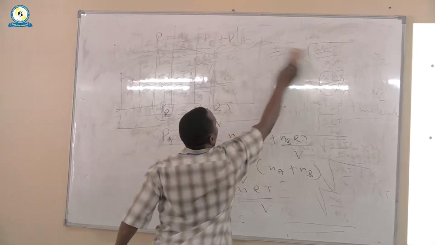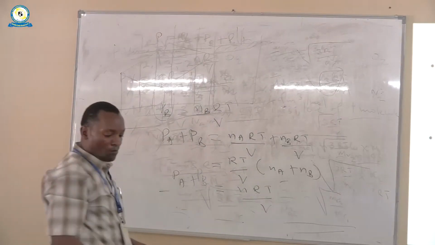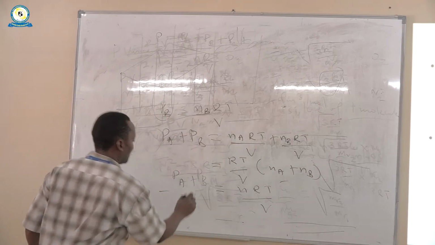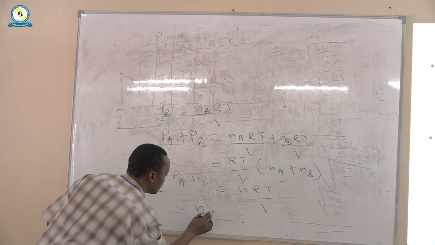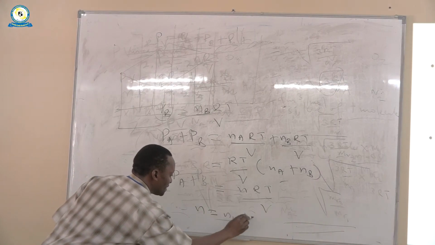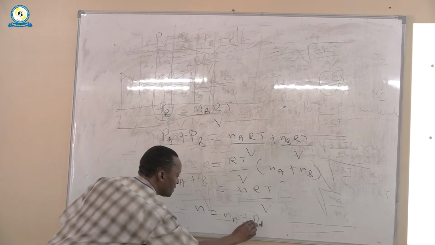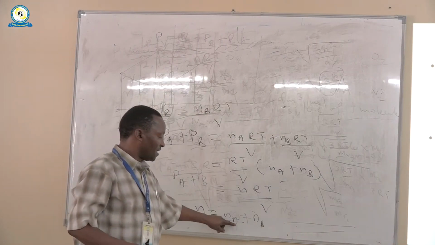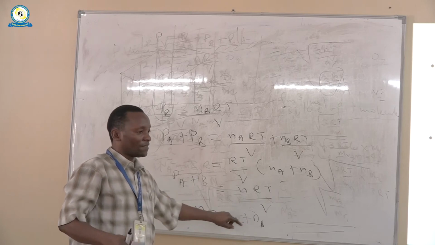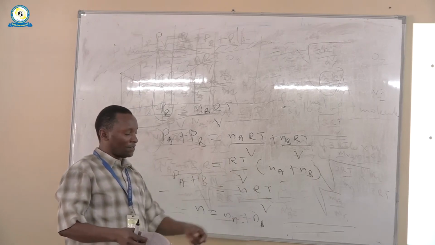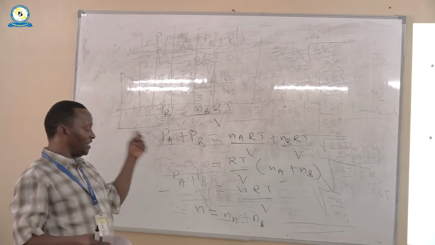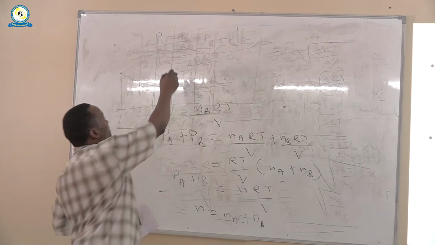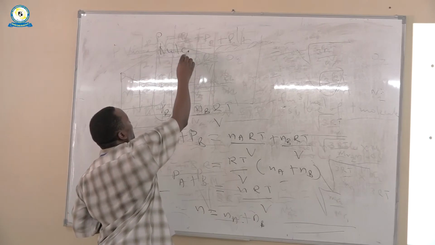And we have mole fraction. n is equal to nA plus nB. So this is the total number of moles, the number of moles of each gas, A and then B. So we have something about mole fraction.